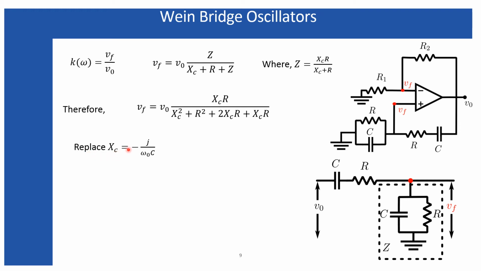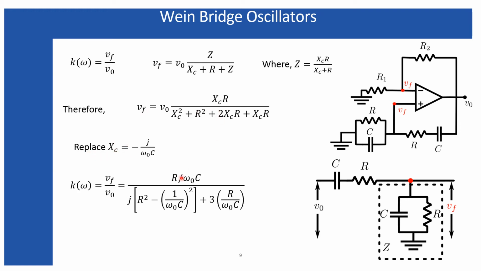Now I am going to replace this Xc in this expression, and finally the expression for K should have two factors: one is the real factor and another is the imaginary factor. As we know from our previous analysis, at resonance only the real part should be in the expression, but the imaginary part should be 0.